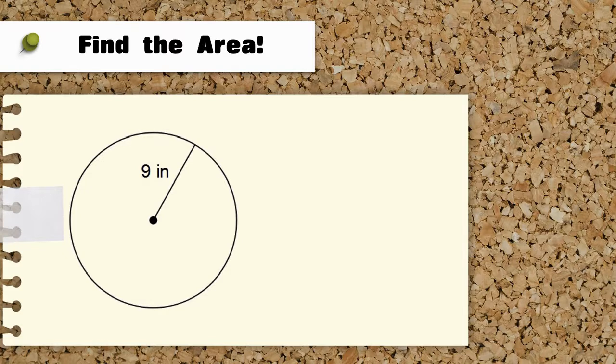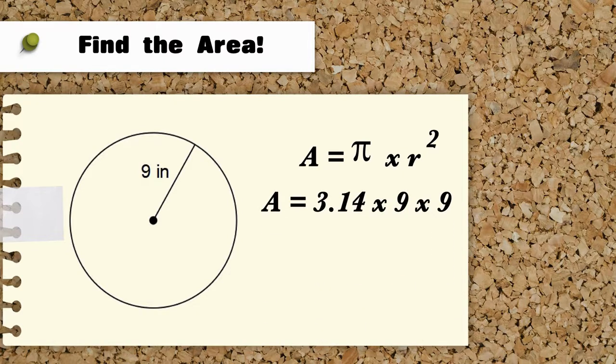Alright, boys and girls, let's look at the area of this circle. Let's write our formula down. That's right, pi r squared. Now, let's substitute those letters for numbers. Pi is represented by 3.14, and our radius is represented by 9. And r squared is the same thing as saying 9 times 9.